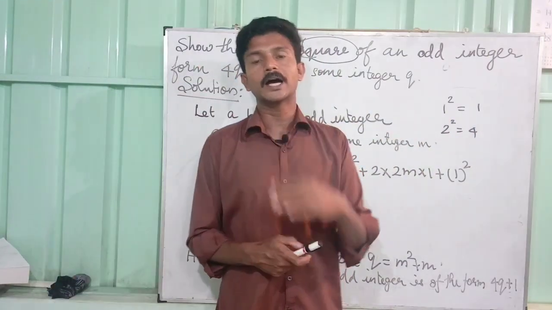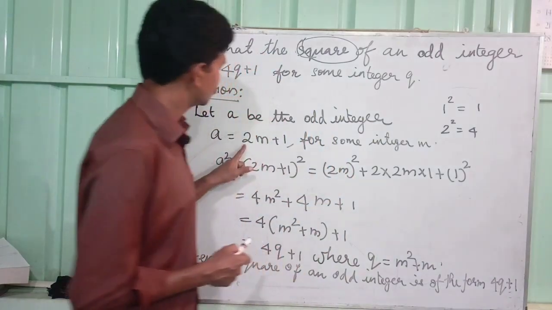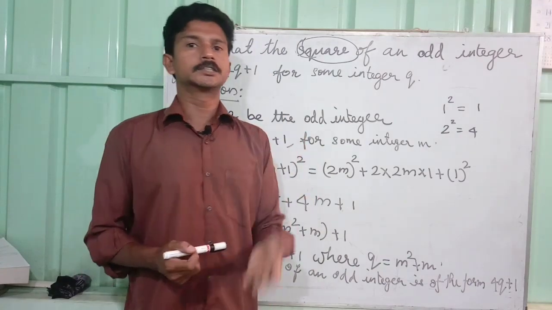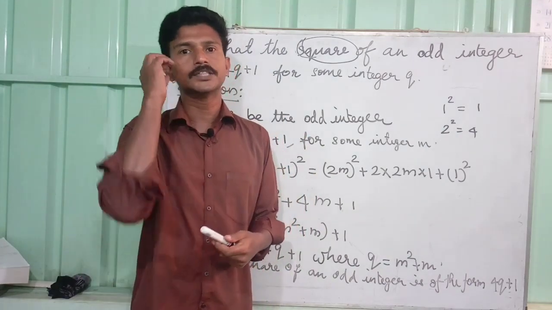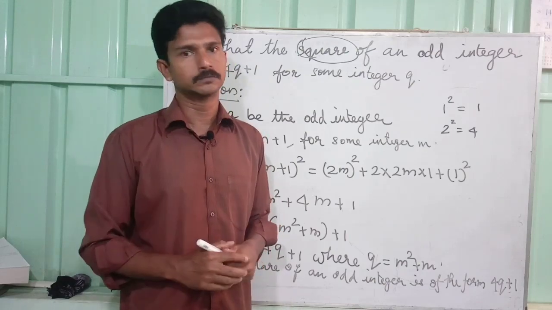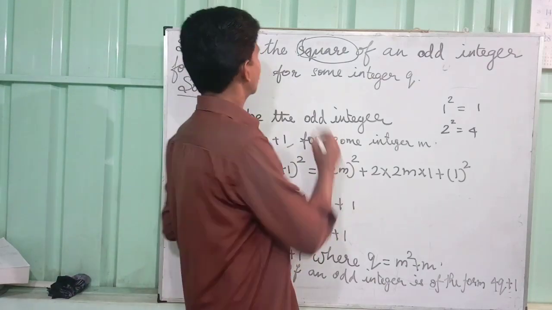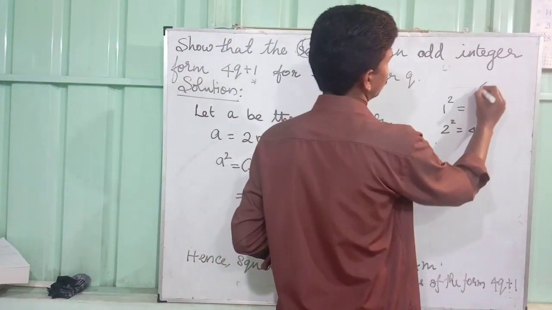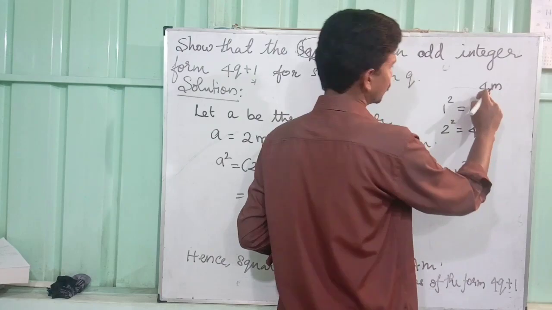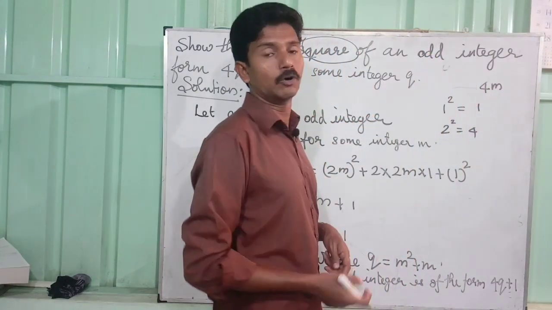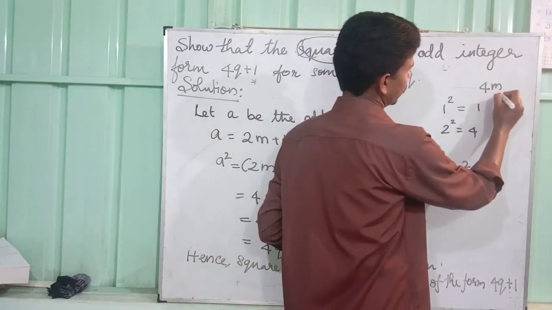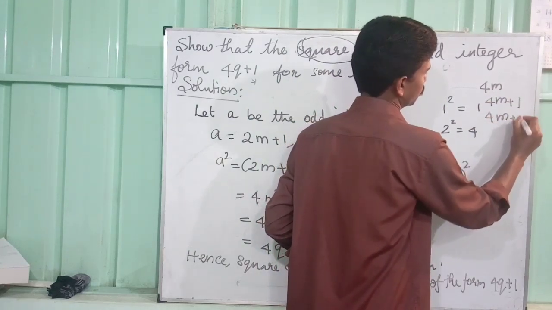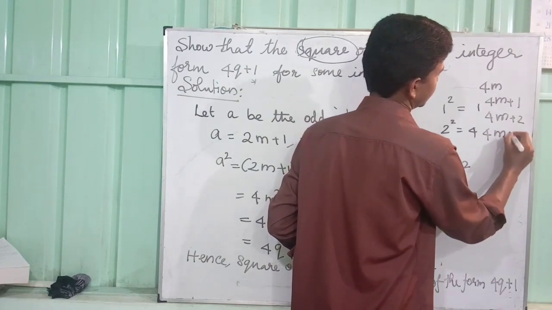Another case: what happens if you take 4? In the example question in the last class, you saw one question and did homework based on it. If you take 4m, the integers are 4m, 4m plus 1, 4m plus 2 and 4m plus 3.